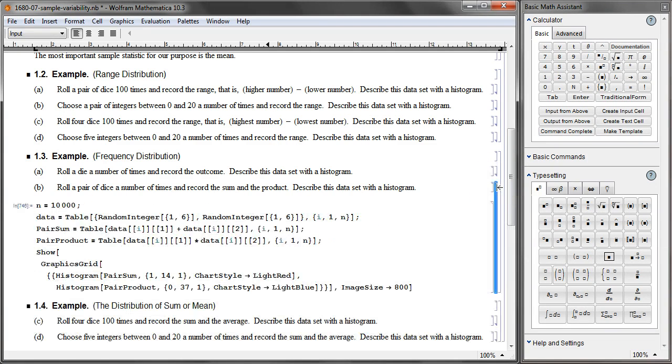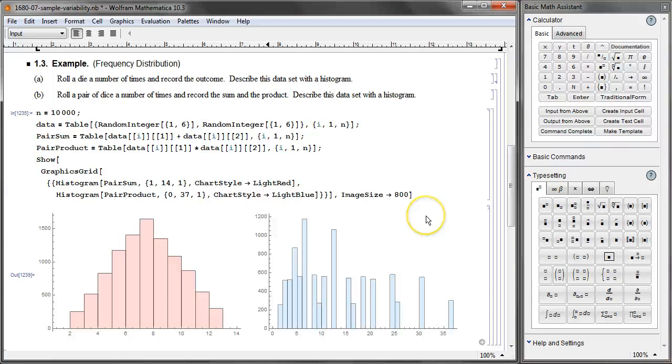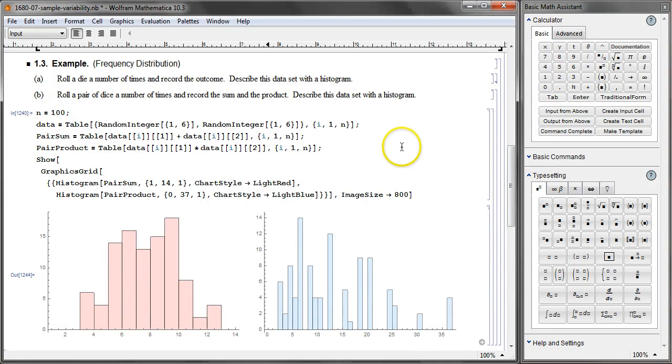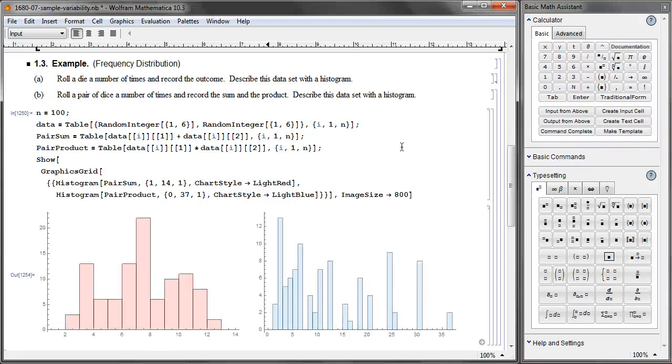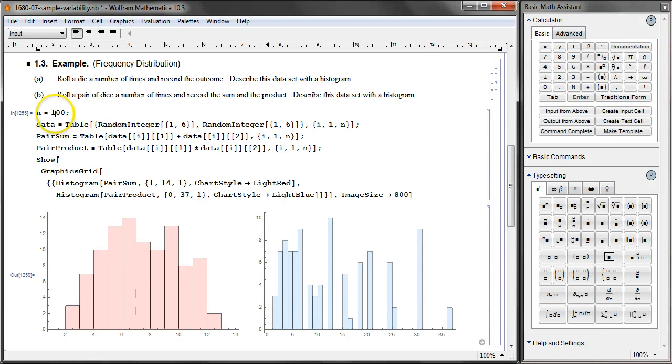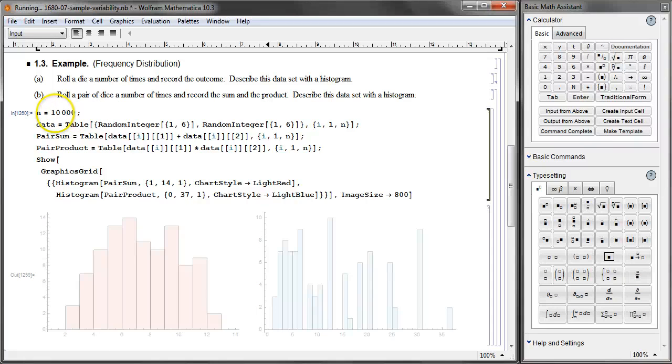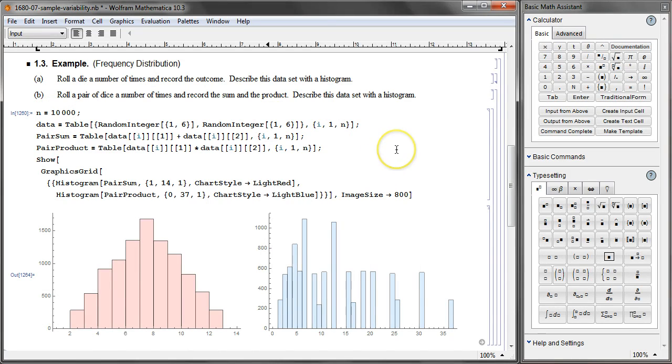How about this one? Roll a pair of dice a number of times and record the sum and the product. Describe this data with a histogram, and let's see. Let's go back to a small number first. 100 repetitions, and do I see any pattern? Difficult to tell, and they always change. But if I go to 10,000 repetitions, the sum on the left-hand side shows a definite pattern.